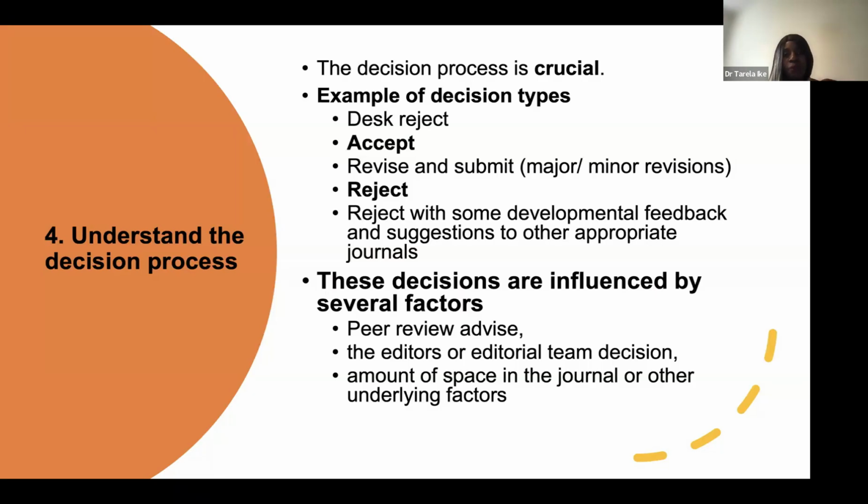And also, if there's a major flaw that we think is not something that could be rectified. So, for example, if there is a methodological flaw, how do you correct that when you've already done the research? So things like that could lead to a desk reject straight away. But like I said, the common one is the manuscript being submitted to a journal that is not the right fit for that manuscript or for that topic.